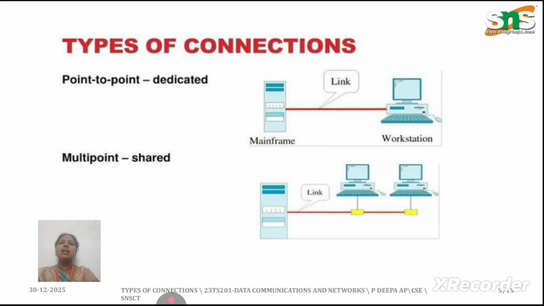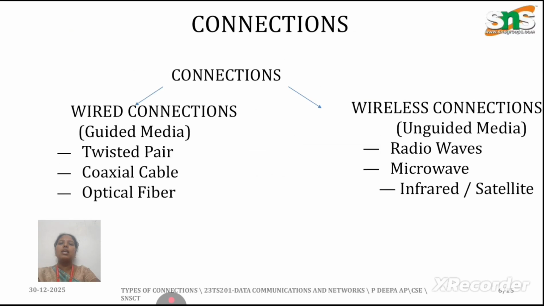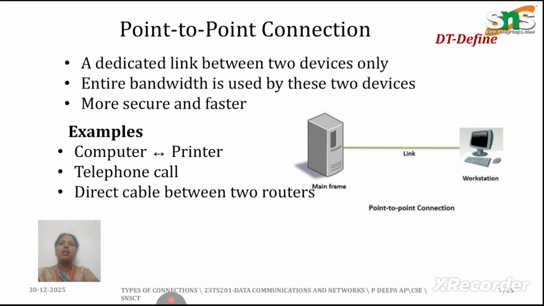Next is the multi-point connection, also called the multi-drop connection. In this type, more than two devices share the same communication link. Instead of having separate connections, multiple devices use a single channel.